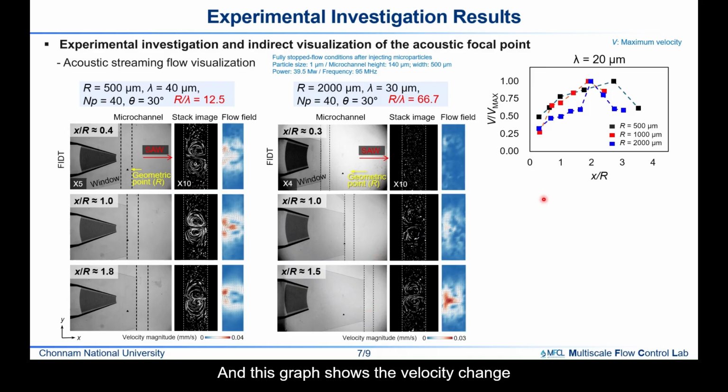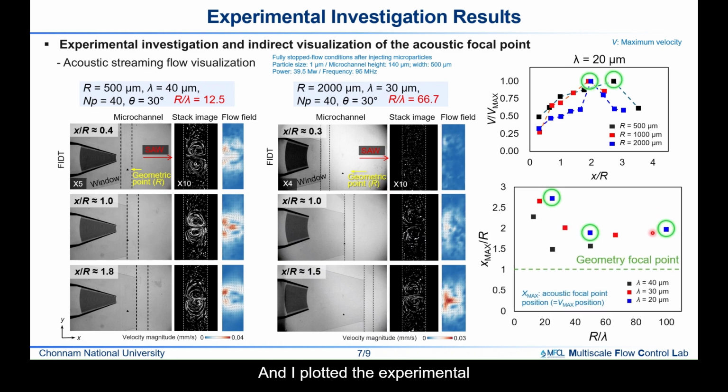And this graph shows the velocity change depending on the microchannel position when the wavelength is 20 micrometers. I plotted the experimental results in the same format as the numerical result. However, the trend was different from the numerical prediction. A smaller curvature radius resulted in the actual focal point position being farther away from the transducer relative to its size.